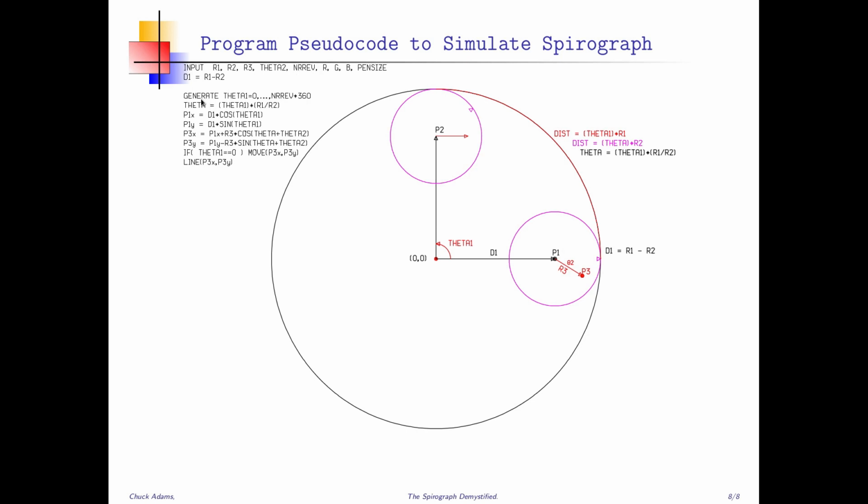So I calculate theta. Now, the point where P1 is equal to D1, this distance, times the cosine of theta 1 for the x value, and the y value is D1 times sine theta 1. So as you see, as this goes up, cosine decreases.